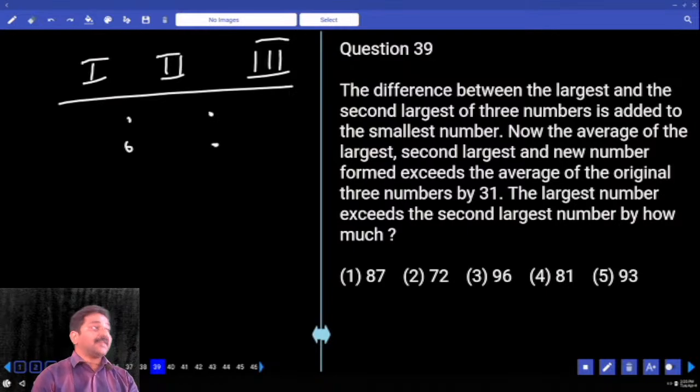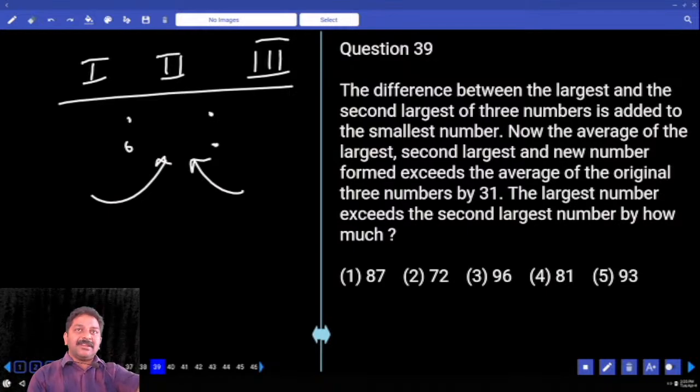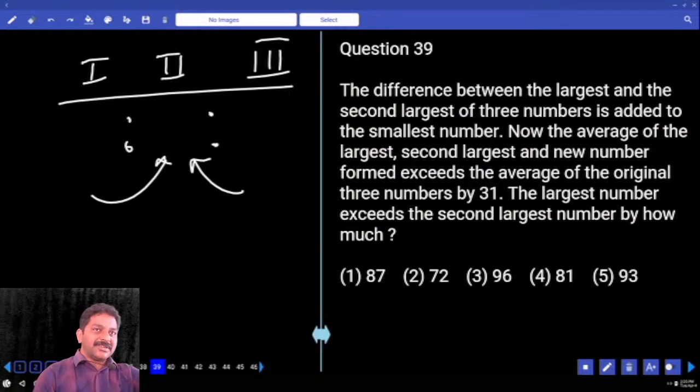In some other questions, they will give you relation in terms of percentage. In some other questions, they will compare any two numbers by saying more than by this number or less than by this number. So in this question, do you have any such information?